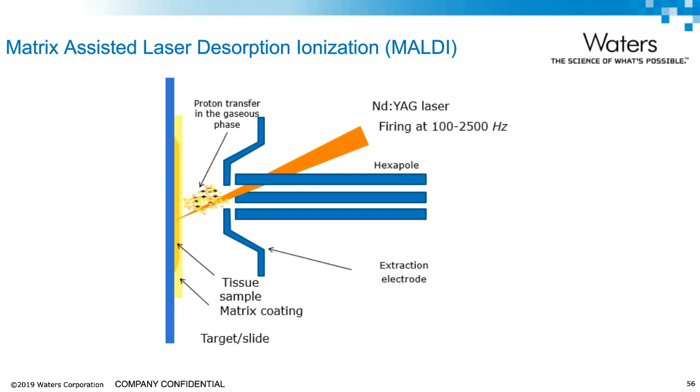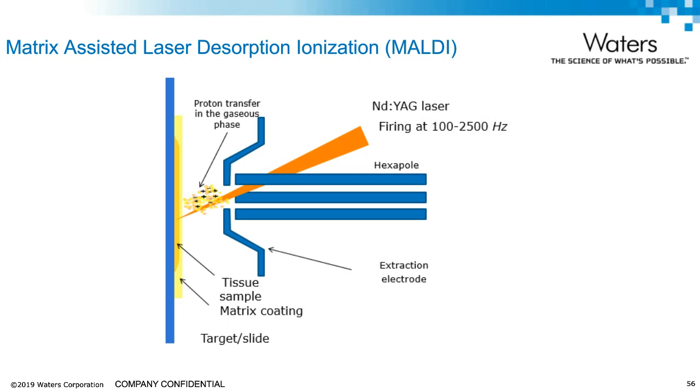The target plate is then placed in the instrument source, typically under vacuum, and a pulsed laser irradiates the target plate, triggering ablation and desorption of the sample and matrix material. The analyte molecules are ionized by being protonated or deprotonated in the hot plume of ablated gases, and then they can be accelerated into the mass spectrometer.